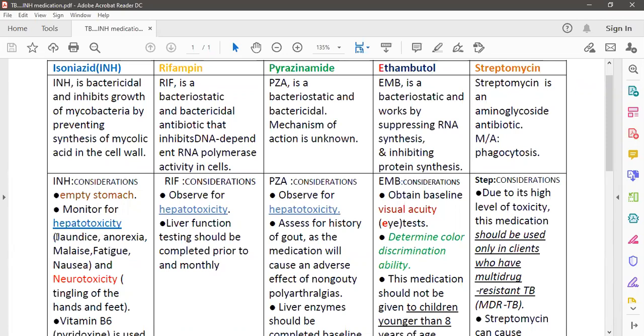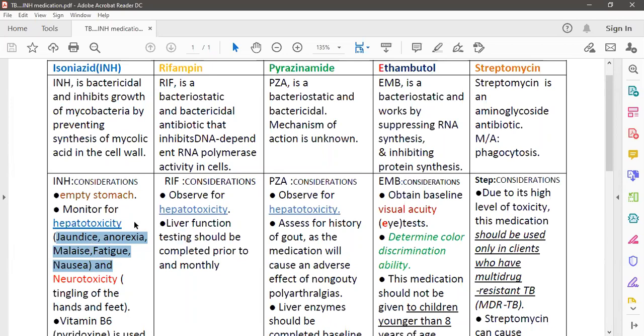So if anybody has these signs and symptoms, it indicates liver tissue damage. The hepatocytes do not work well. So the patient should notify the doctor, or if we see any such sign or symptom, we should document it or inform the healthcare provider.